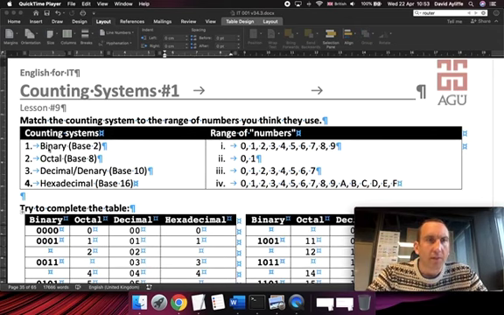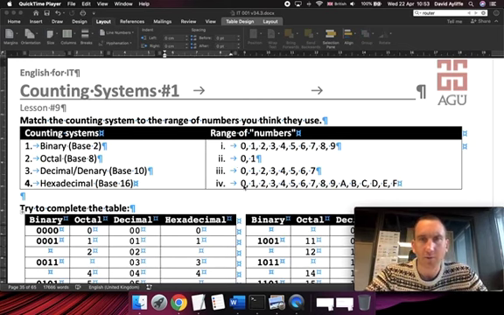Right, welcome back. Base 2, so 0 and 1, 2 distinct values. Octal, base 8: 1, 2, 3, 4, 5, 6, 7, 8, so 8 distinct values. This is the range of numbers for octal. Denary or decimal should be nice and straightforward for us all, 0 to 9.